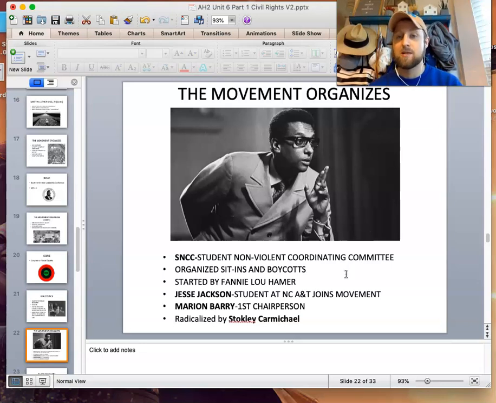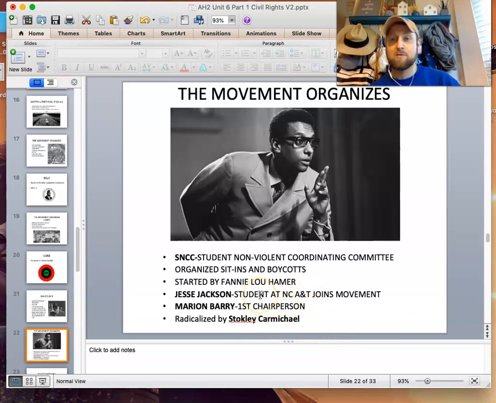They do embrace some more extreme rhetoric, and they never get to any type of killing people, but they do flirt with using violence if necessary, which was a big jump for them because it started out as nonviolence. Jesse Jackson joins SNCC, and Marion Barry was the first chairperson.